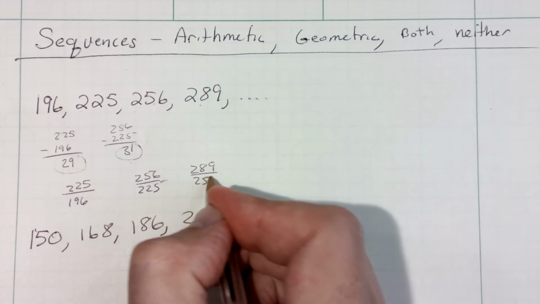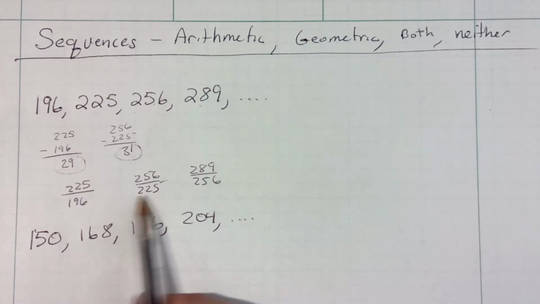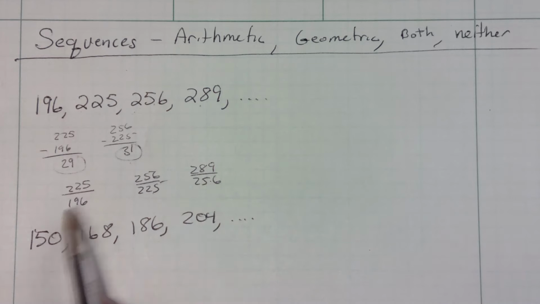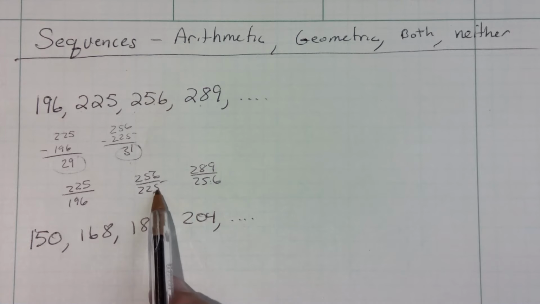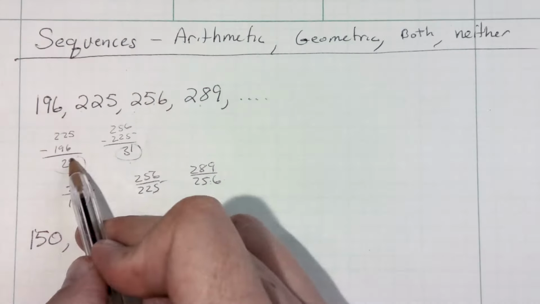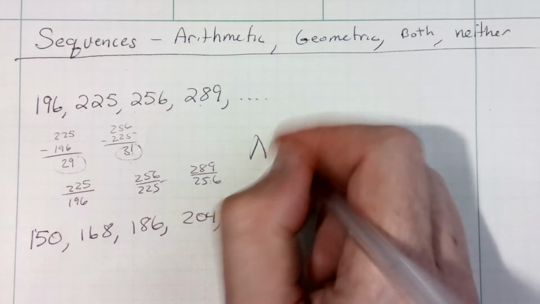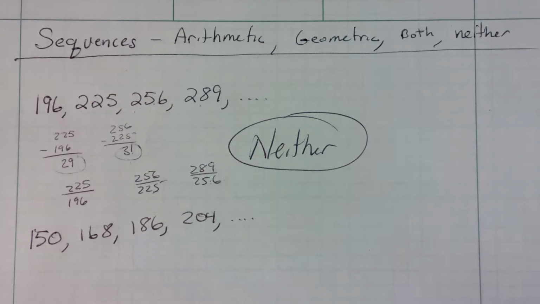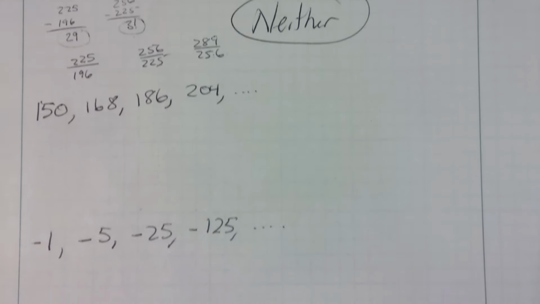And then if it helps, have a calculator handy and see if those ratios end up being the same value. If they reduce to the same simplified fraction, or if they don't reduce at all, obviously they're not the same ratio. If they're not the same ratio and it doesn't have the same difference, this would be neither geometric nor arithmetic. So let's go to the next one.